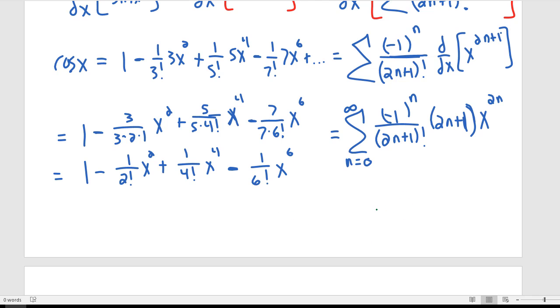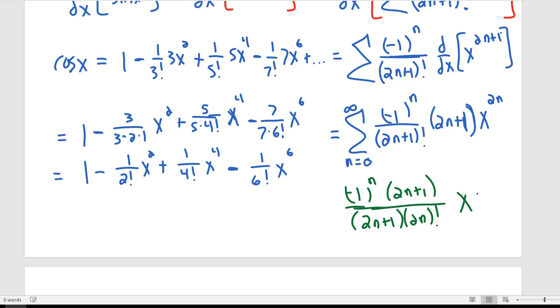So in the denominator here, I'm going to take the 2n plus 1 off, and I'm going to have 2n factorial left over. I still got the negative 1 to the n. And then this 2n plus 1, I'm just going to pull to the numerator. And then I have the x to the 2n. So that's what my new simplified version looks like.